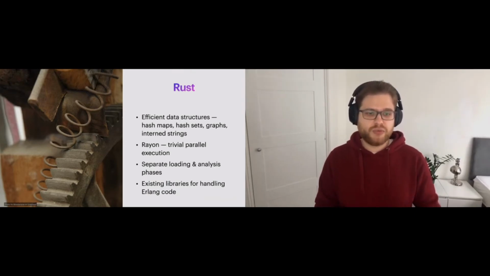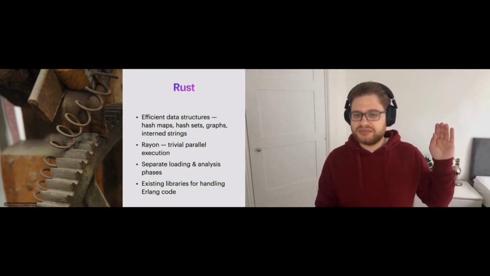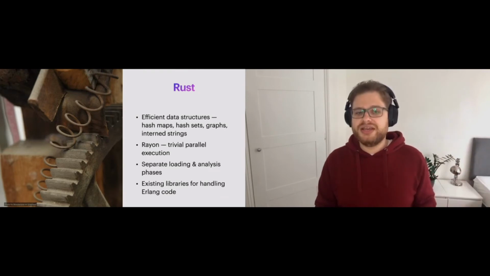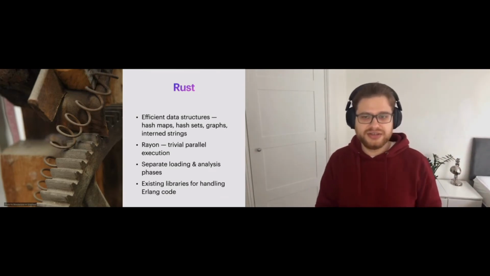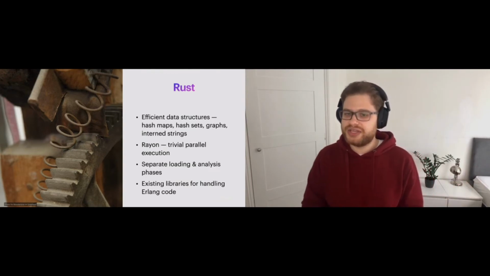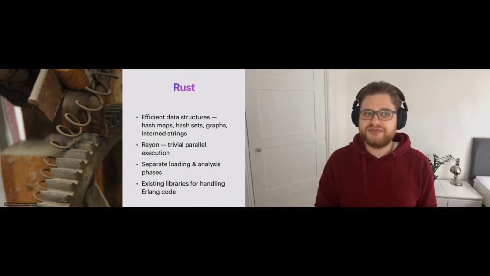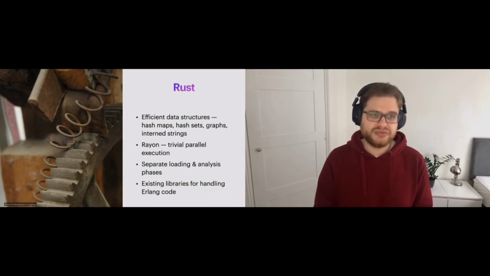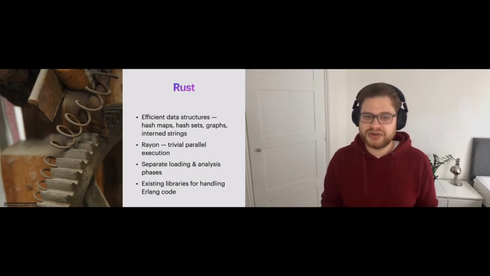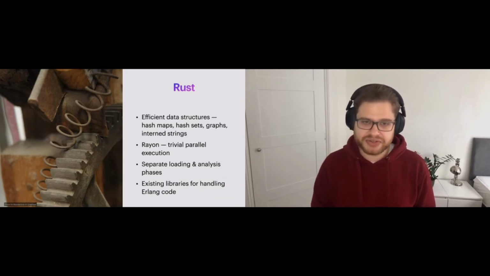This means you have one huge table somewhere saying, okay, the atom 3 is the atom called foo, right? And rather than using the name foo everywhere, you can just use the integer 3 instead, which makes it very, very fast to compare the strings and compare the atoms. And what our entire program does is basically a fancy way of comparing strings.